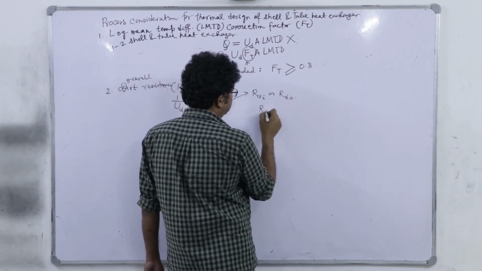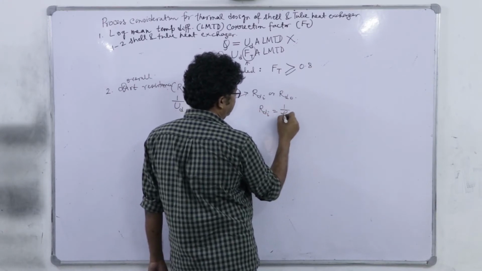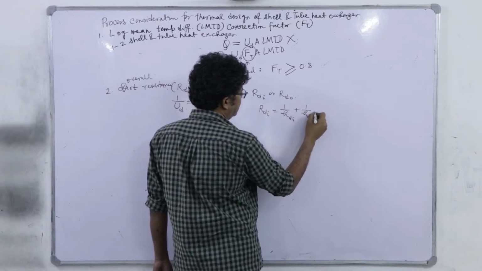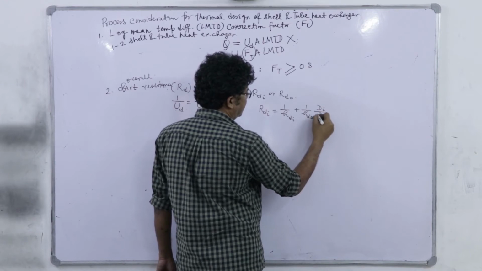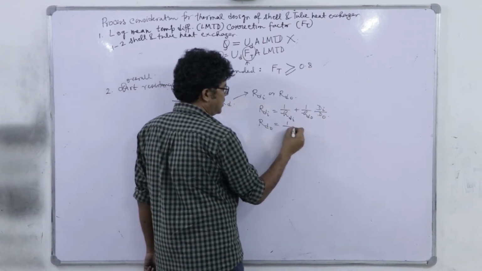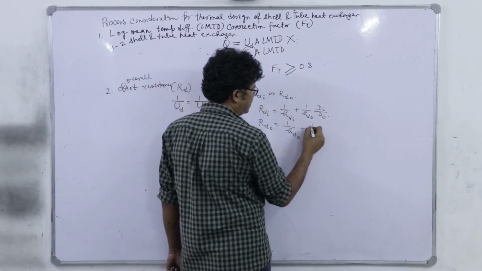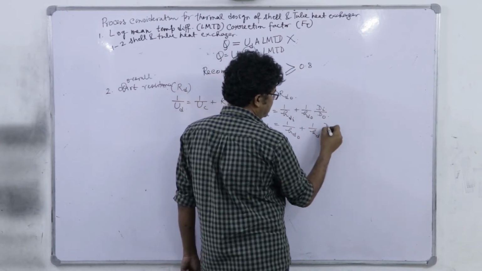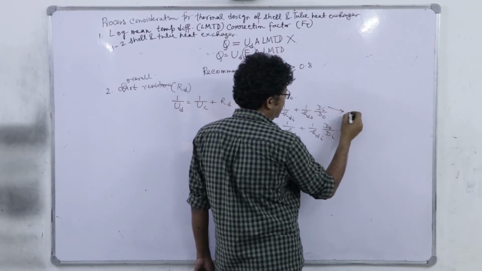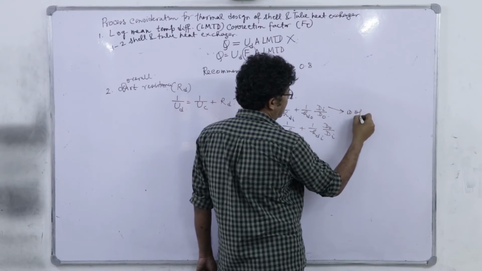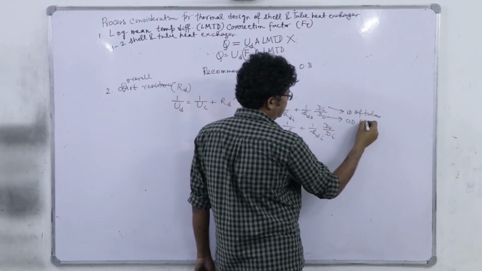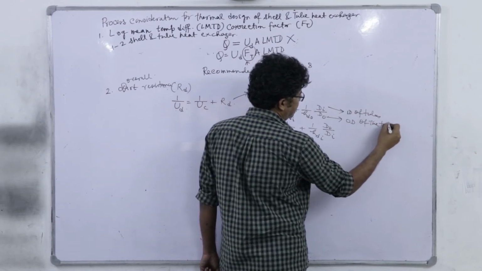Rdi is equal to 1 divided by Hdi plus 1 divided by Hdo into di by do. We have discussed it. Alternatively, Rdo is equal to 1 by Hdo plus 1 by Hdi into do by di, where di represents the ID of the tubes and do represents the outer diameter of the tubes.